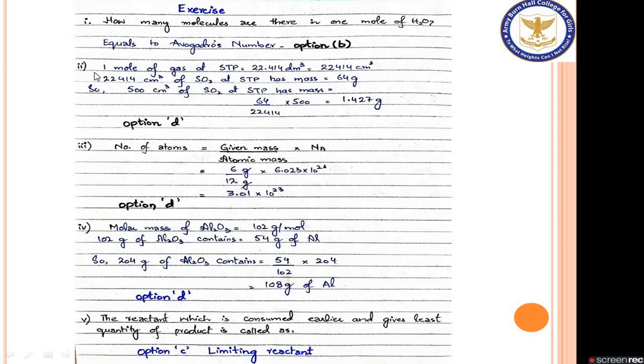Number 2. A flask contains 500 cubic centimeter of sulfur dioxide at standard temperature pressure. Now all the options are given in terms of grams. It means you have to calculate the amount of sulfur dioxide at standard temperature pressure in 500 cubic centimeter. 1 mole of gas at standard temperature pressure has this much volume, called molar volume, 22.414 cubic decimeter.